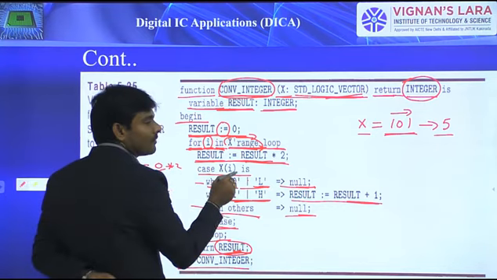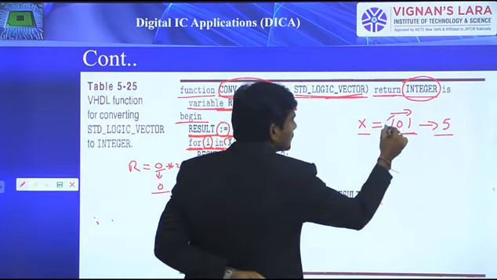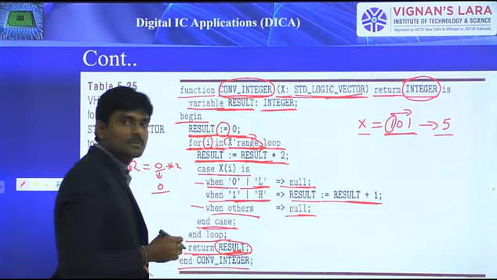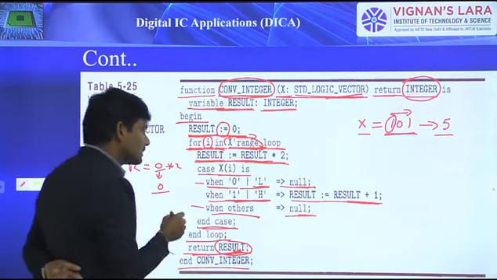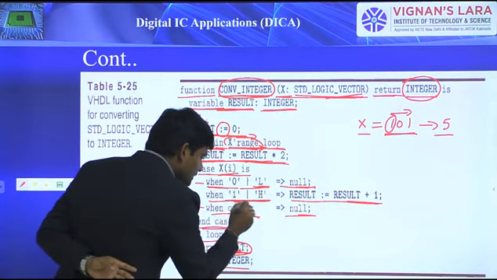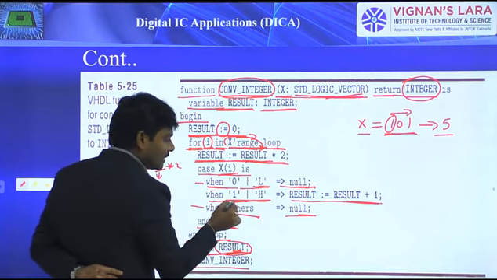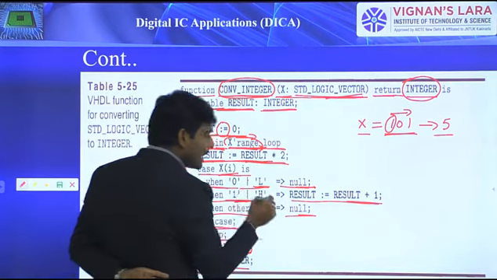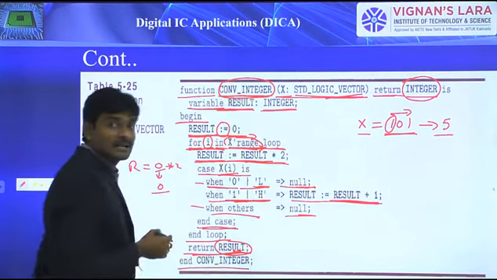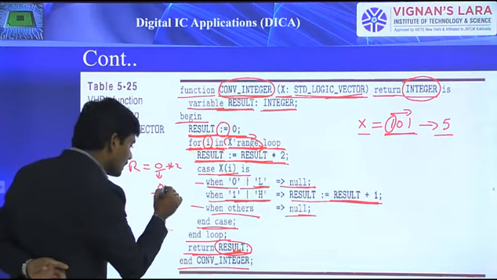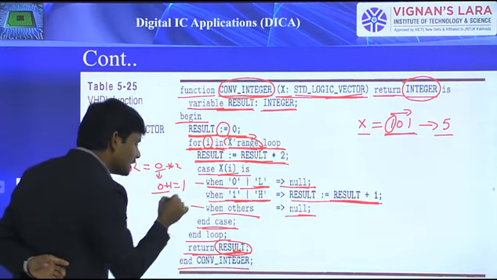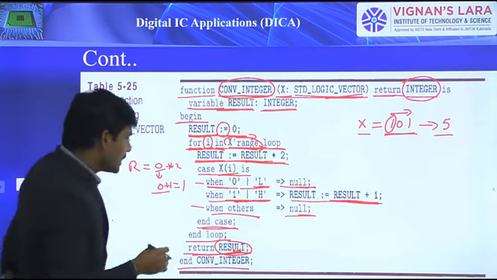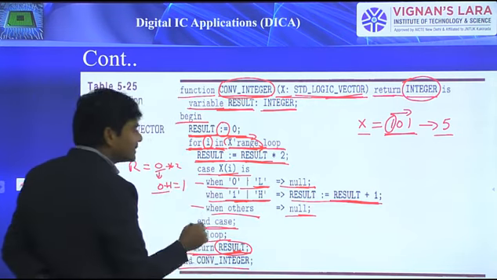Then case x of i, the first element. From left to right, we consider 1. So this statement is going to execute: when 1 or weak high, then result must be result plus 1. Result is already 0, plus 1, it becomes 1. Then end case, then end loop.